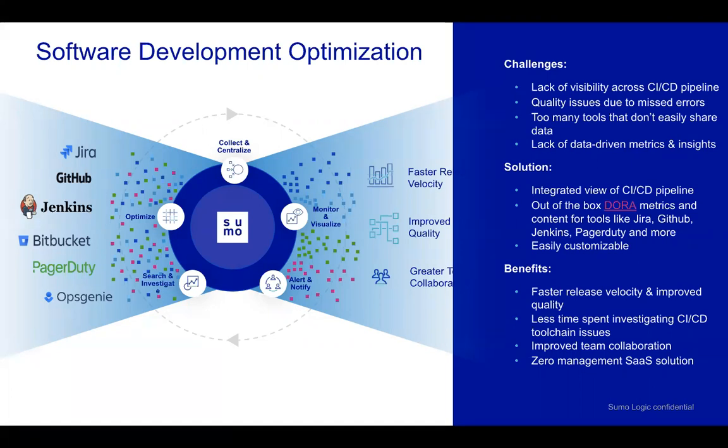And the benefits here are really, again, to hit on those key DORA metrics, improve your release velocity, spend less time investigating CI/CD toolchain issues. And then finally, I think team collaboration is one of those less talked about benefits of this, but when you're all speaking the same language, it's much, much easier to improve and collaborate and identify those issues.